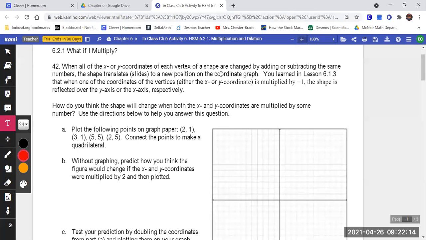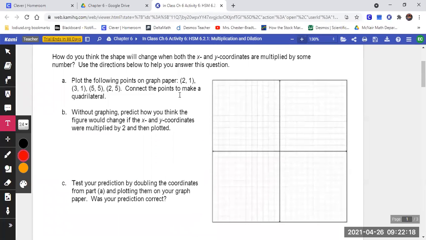So we learned about the sliding, we learned about the reflecting. How do you think the shape is going to change when both the x and y are multiplied by some number? So we're going to use these directions to graph and change things, okay, so we could see a new type of transformation.